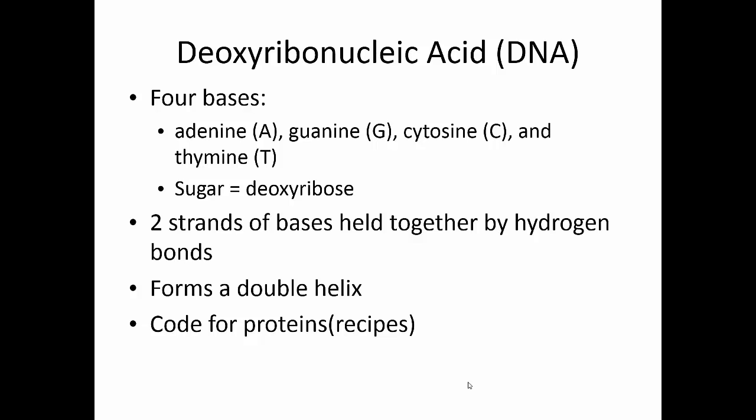And then each molecule of DNA contains 2 strands. So all of the nucleotides within a strand are held together by the sugar-phosphate backbone. But when the 2 strands come together, what keeps them from falling apart is the hydrogen bonds.